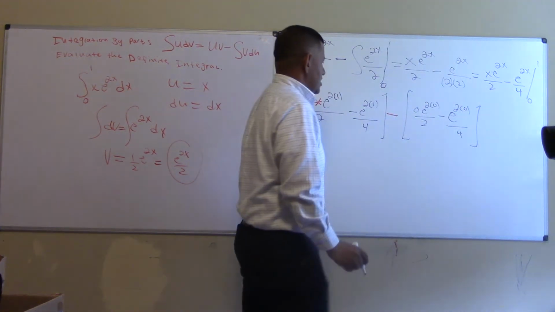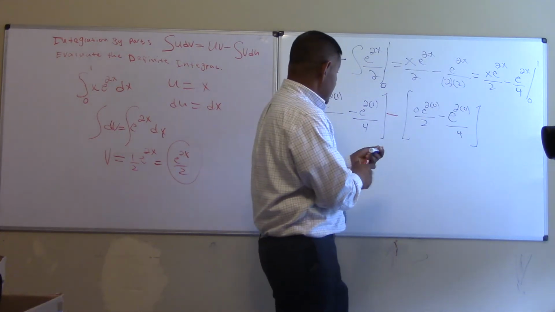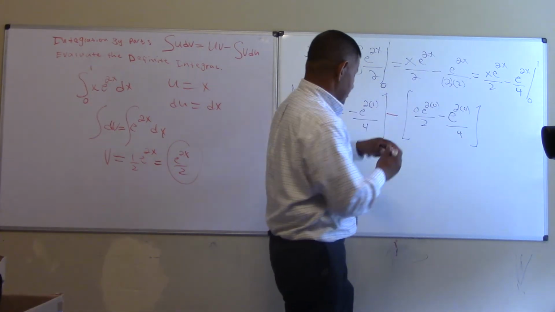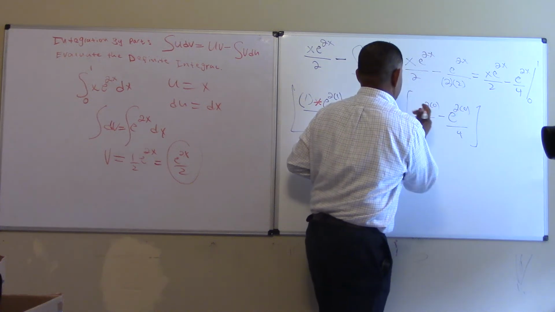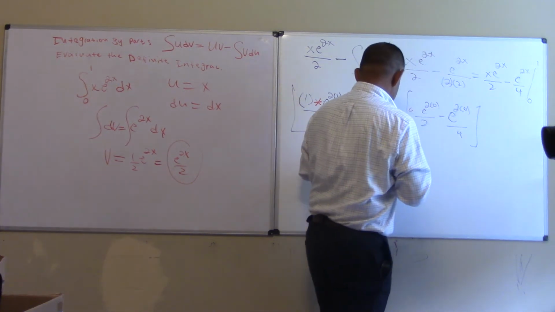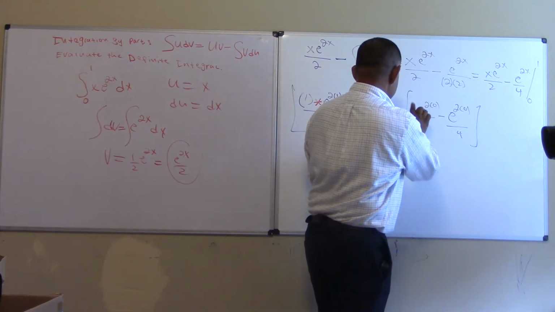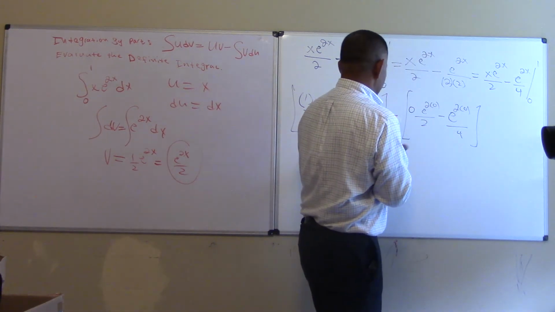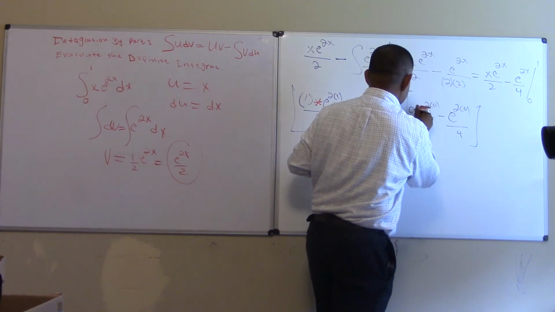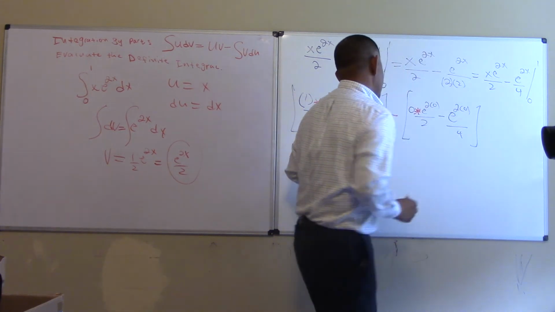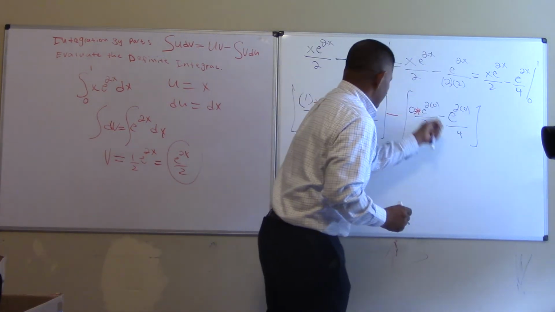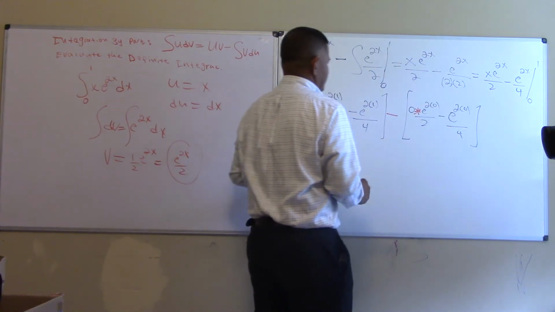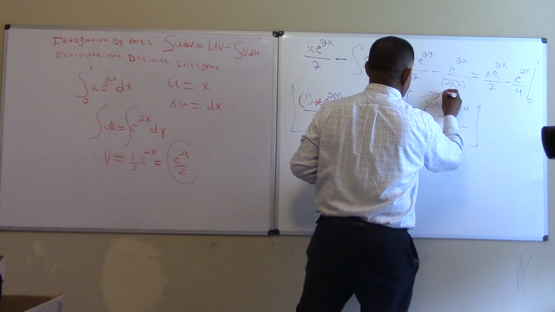Notice that this is 0, because I multiply it by 0. So let me make it clear here. This is a 0, and this is the multiplication. When I multiply by 0, this becomes 0, so this whole thing right here is 0.